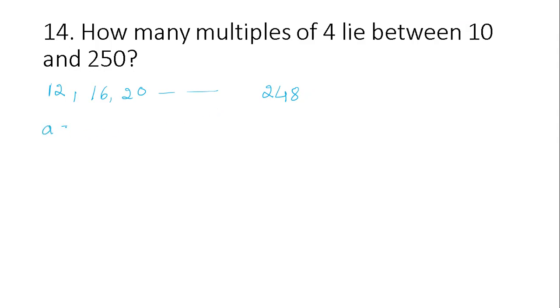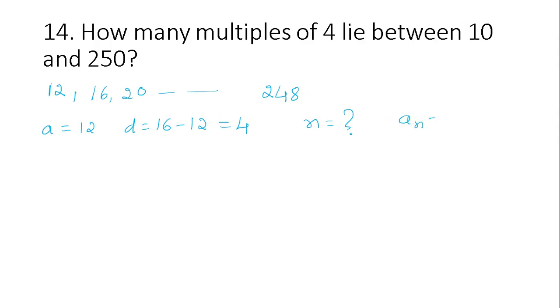Here A is equal to 12. D is equal to, take any two consecutive terms, 16 minus 12 is 4. D is equal to 4. And N we don't know, we want to find.